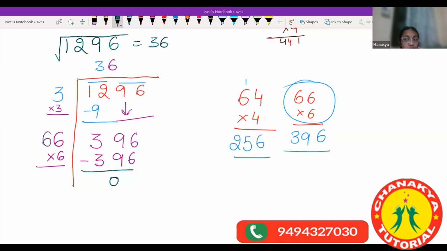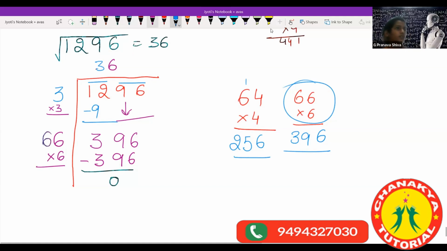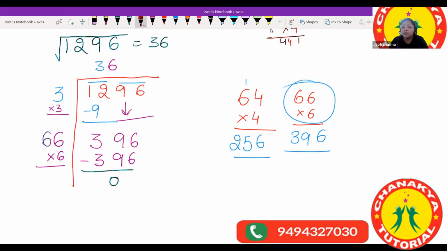Ma'am, at the first we took two numbers at once right now. 3 3s are 9. What is your number? 12. Ma'am, right? Yes. She's asking that should we take two numbers at a time? Like that she's asking. Which two numbers?